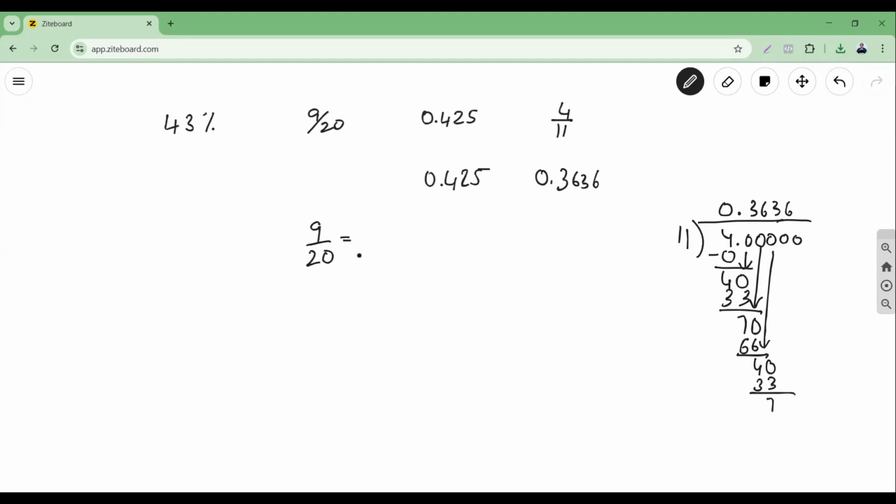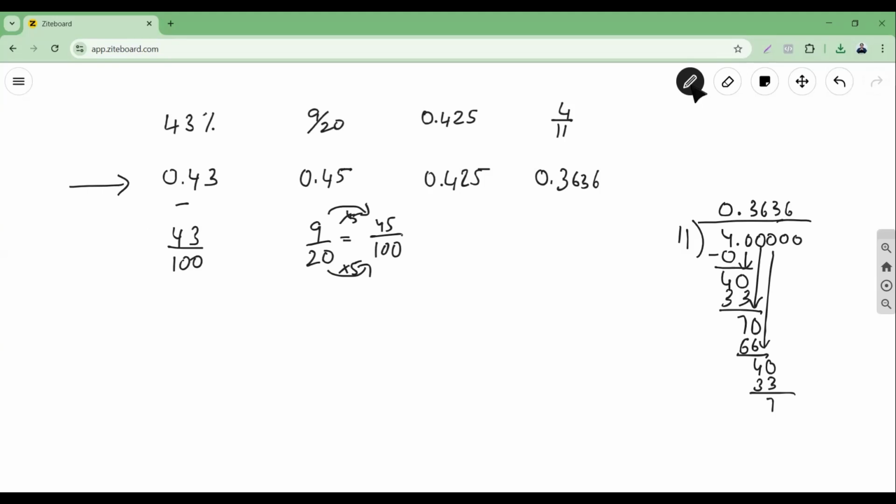I can get 100 easily by multiplying by 5. I get 45 over 100. That means this is 0.45. Now, 43%. What is the meaning of 43%? When I write this as a fraction, I can easily write it as a decimal, so 0.43. Now I have got all these numbers in decimal form.